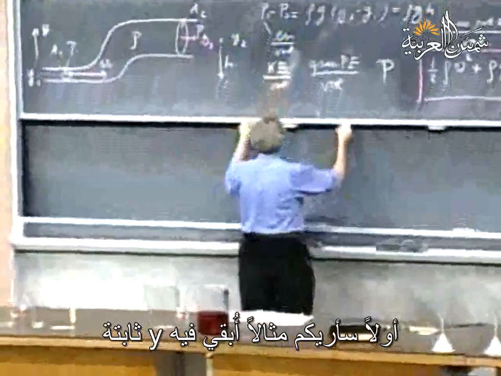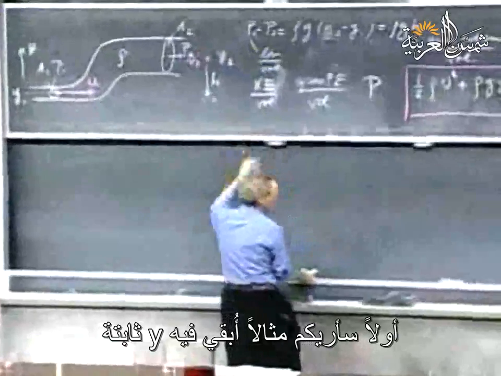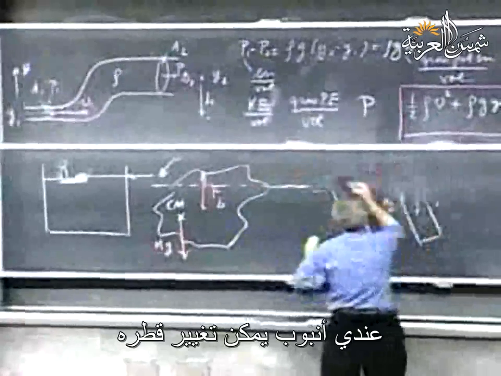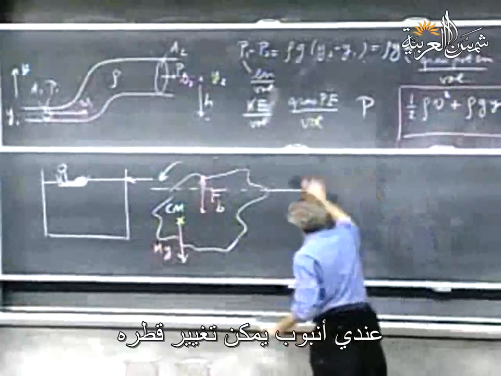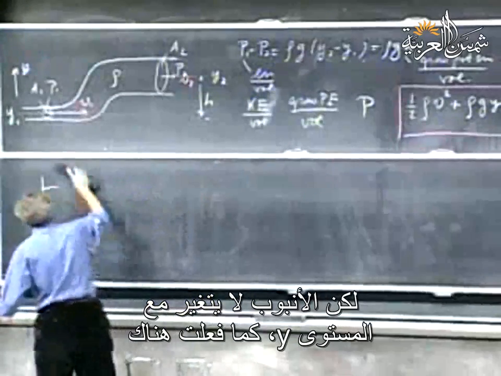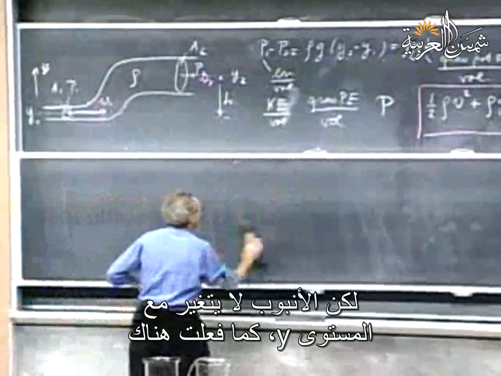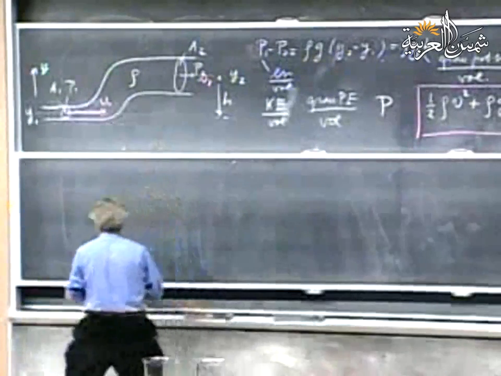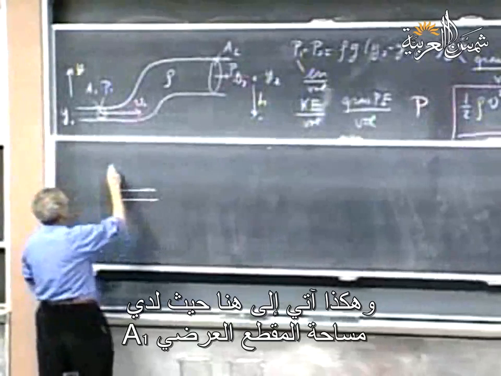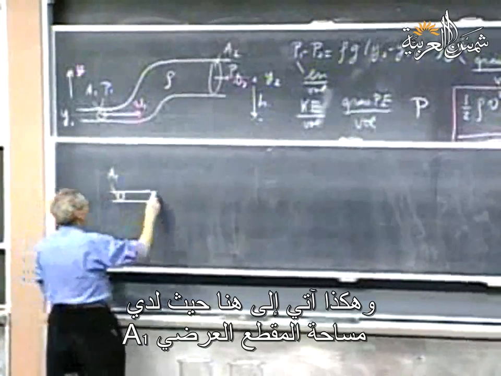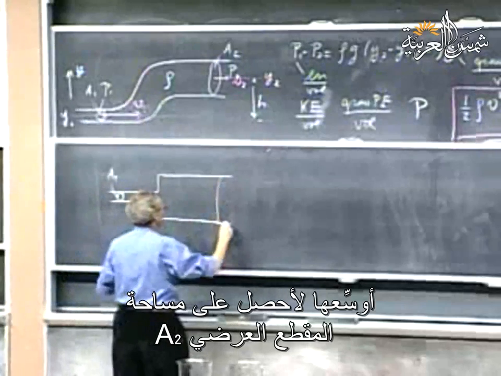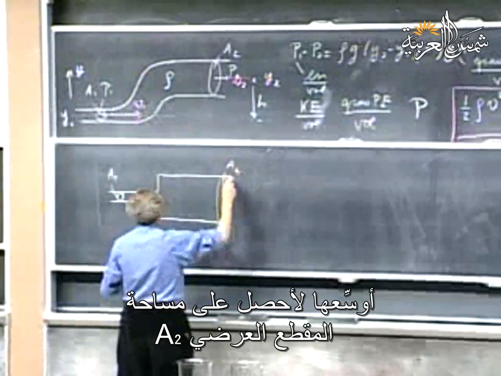First, I will show you an example whereby I keep y constant. So I have a tube which changes diameter, but the tube is not changing its level y. I come in here, cross-sectional area A1, I widen it, cross-sectional area A2.